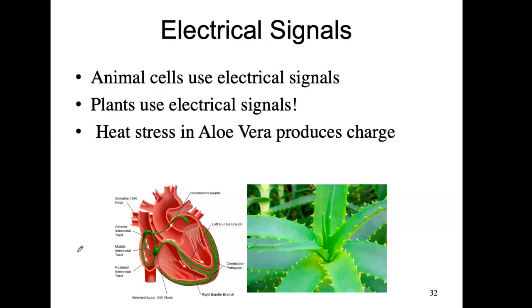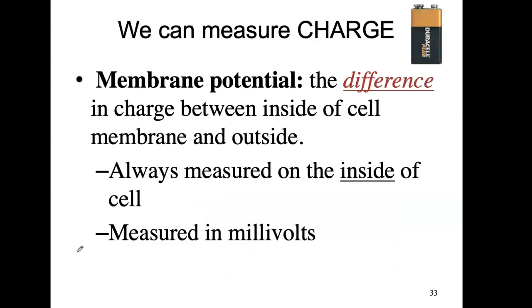And if you actually stress it in the heat, it produces a certain amount of charge. You can actually measure that charge if you have a gauge that's small enough to be able to measure in millivolts. So we can measure that.